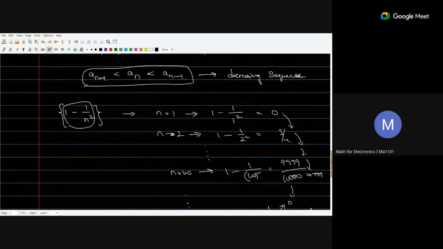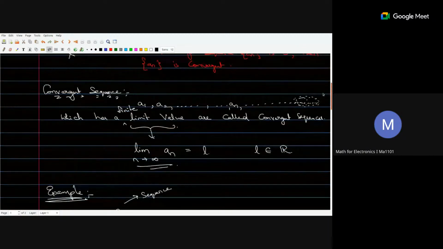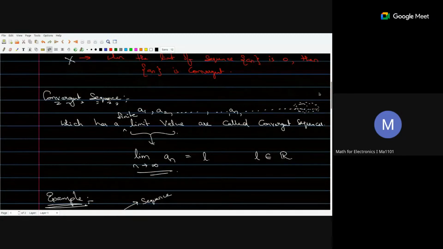So we have seen convergent sequences, right? These are called convergent sequences. Divergent sequences are a very simple thing. When this L is either plus infinite or minus infinite.